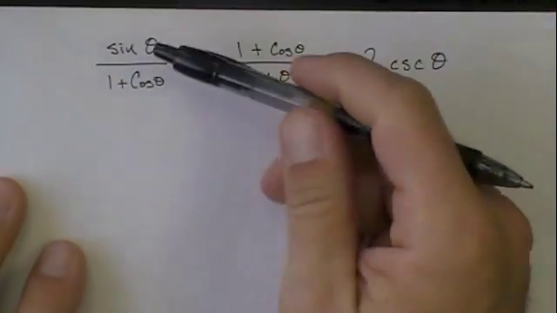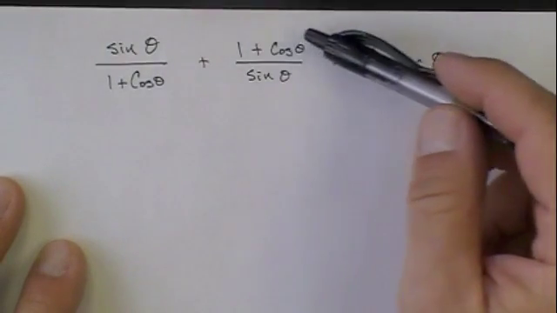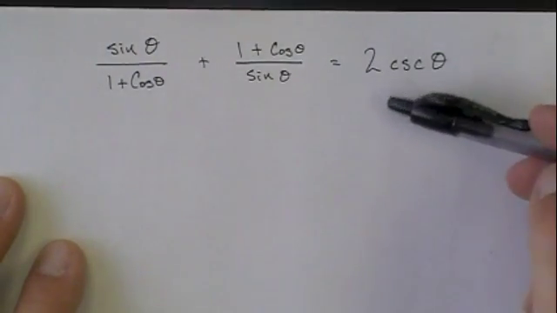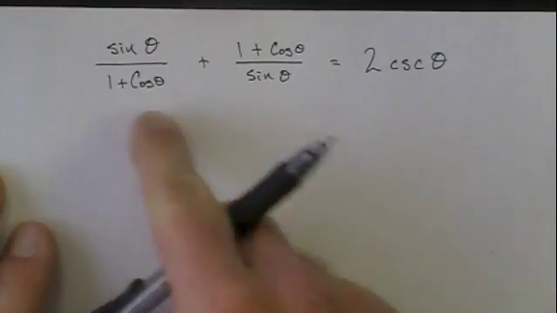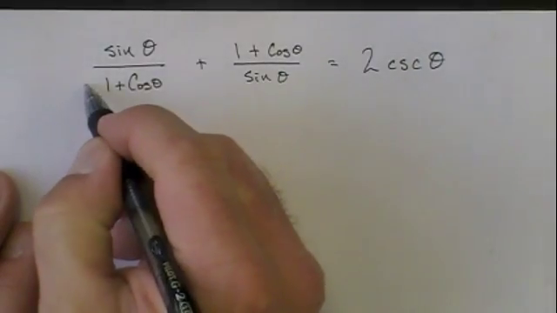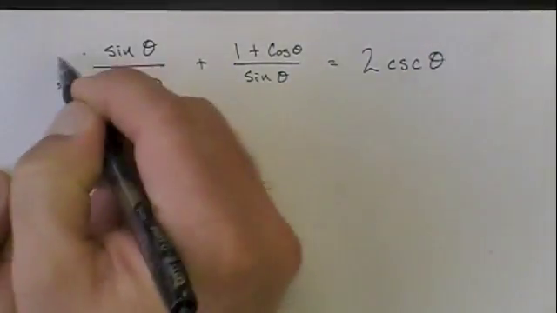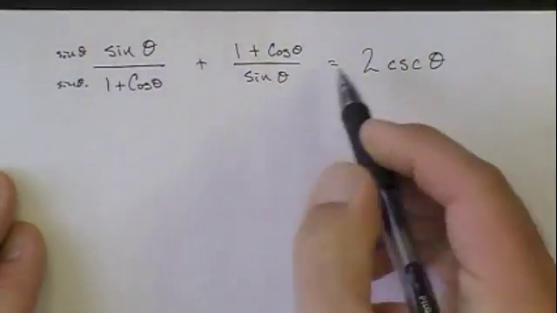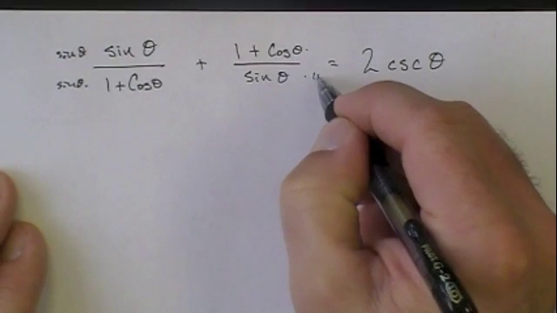Okay, so back to this problem, we have sine of theta over 1 plus cosine of theta, plus 1 plus cosine of theta over sine of theta, is equal to 2 cosecant theta. And we're only going to manipulate one side. If I'm going to add fractions, I have to have a common denominator. So I would multiply top and bottom here by sine of theta, and I would multiply top and bottom here by 1 plus the cosine of theta.